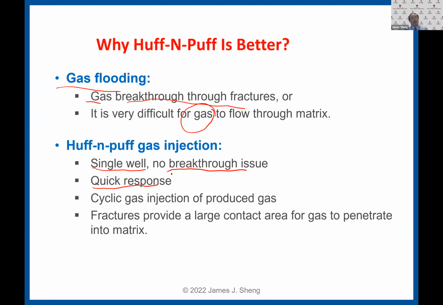But for the gas flooding mode, it will take some time for gas to drive oil from injection wells to production wells. Another thing is for huff-n-puff, we can recycle the gas, produce the gas.